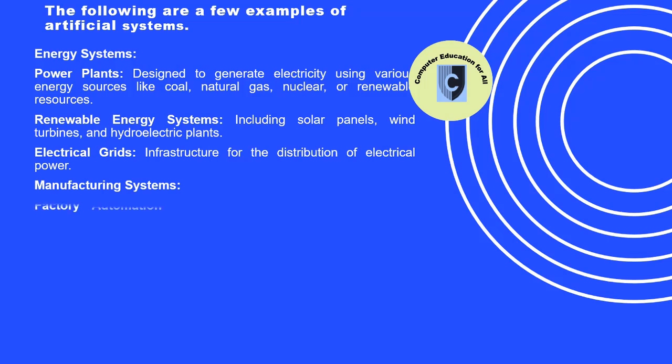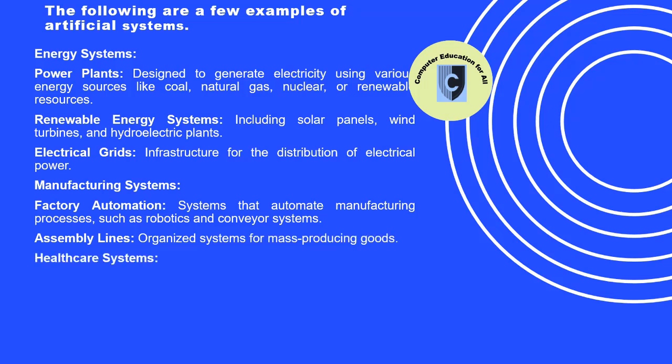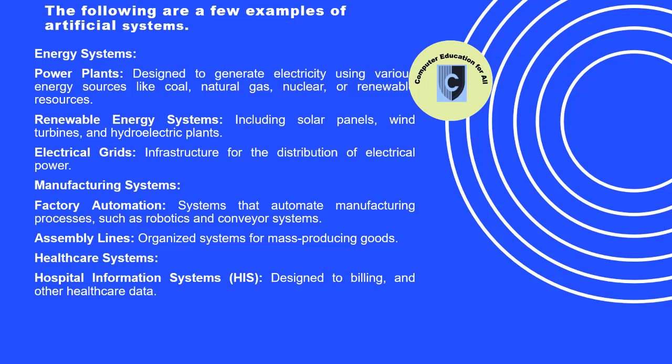Factory automation systems that automate manufacturing processes, such as robotics and conveyor systems. Assembly lines organized systems for mass-producing goods. Healthcare systems. Hospital information systems designed to manage billing and other healthcare data. Medical devices including MRI machines, X-ray equipment, and artificial organs.